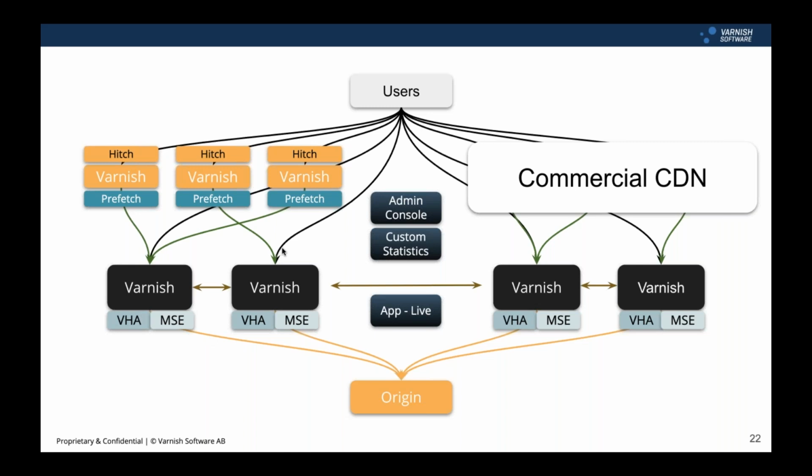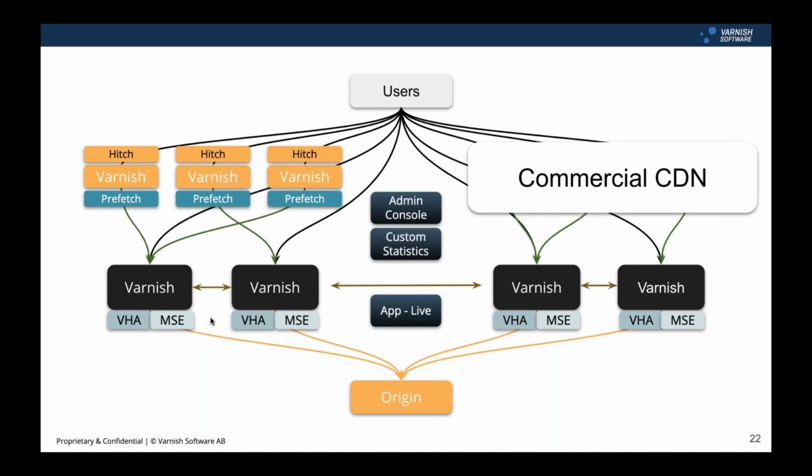So sometimes Varnish is really used only as origin protection. We have customers using a commercial CDN facing the user, and then using Varnish to do most of the offloading for the backend requests and the content as well. And that's usually also the very first step to start implementing your own private CDN.